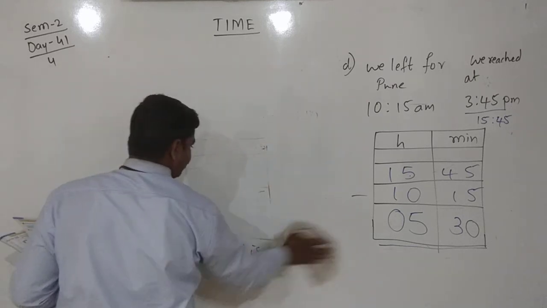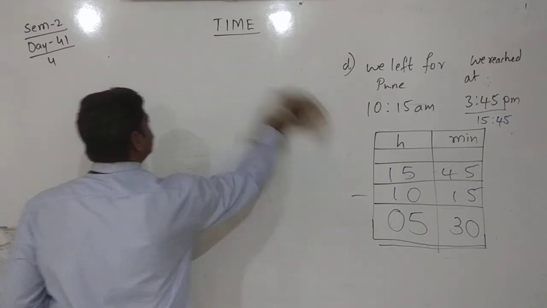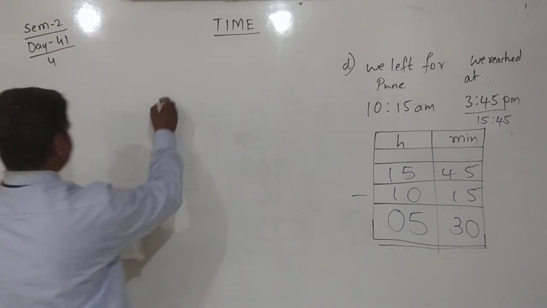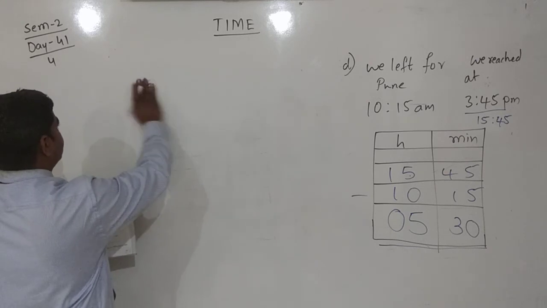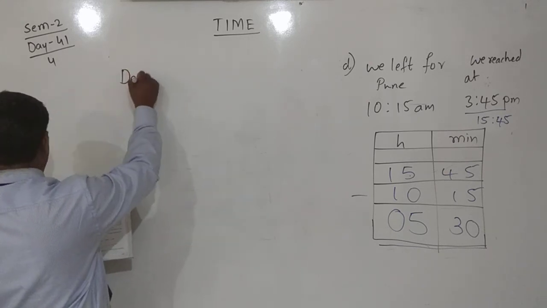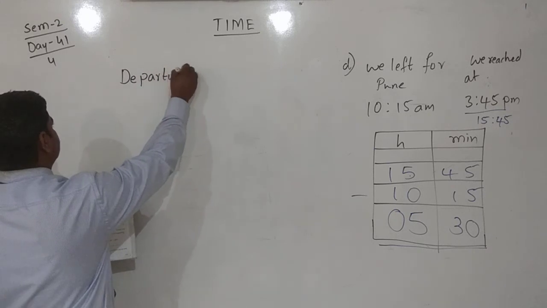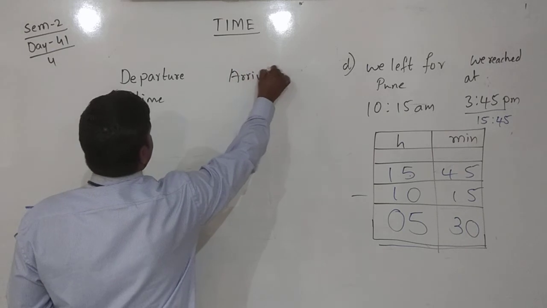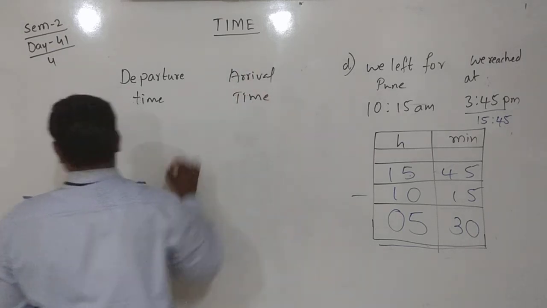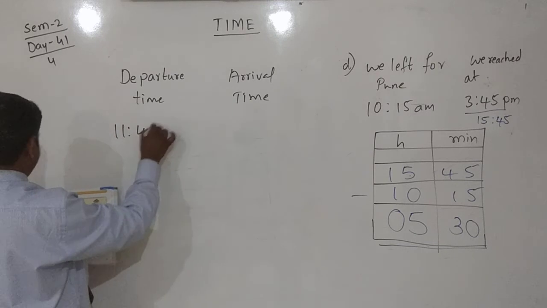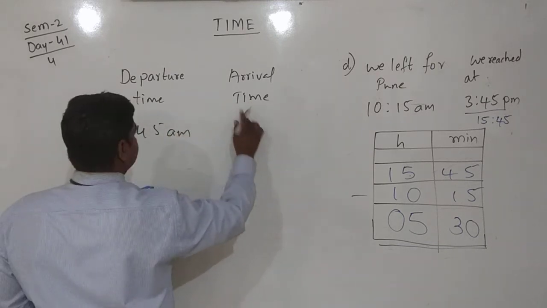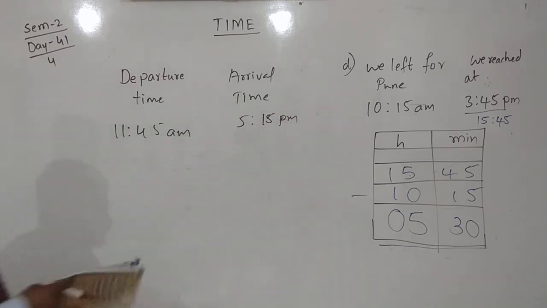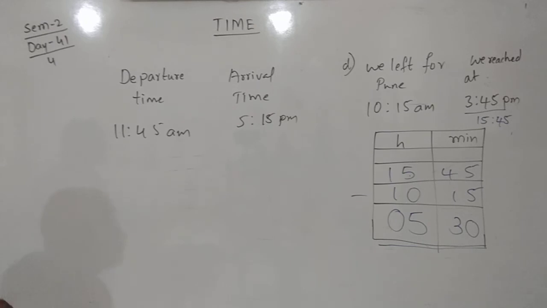Same as this one. Convert that p.m. into the 24 hours clock. Here is the departure time, here is the arrival. 11:45 a.m. and 5:15 p.m. 11:45 a.m. should stay the same.